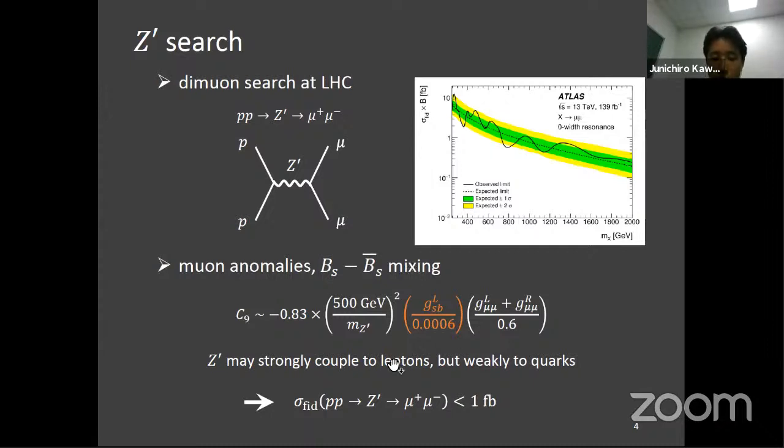So we showed that the Z' constraint can be avoided due to this small coupling with quarks. The production cross section is very suppressed even though we have a light Z', so the fiducial cross section can be smaller than 1 femtobarn, which is much smaller than the current experimental bound. So in some parameter space, we can evade the Z' search.